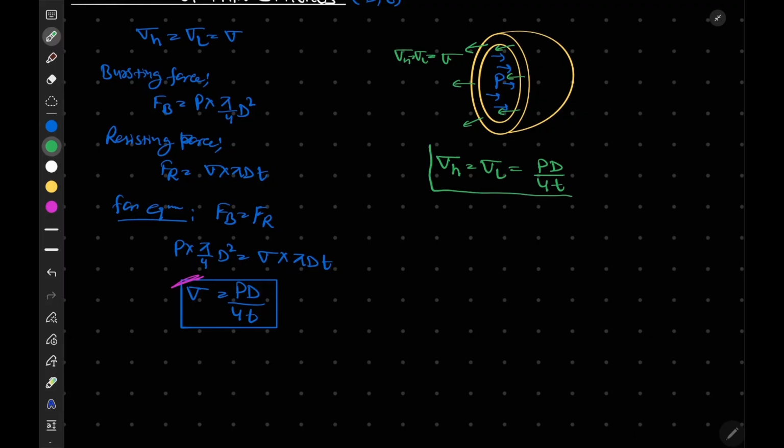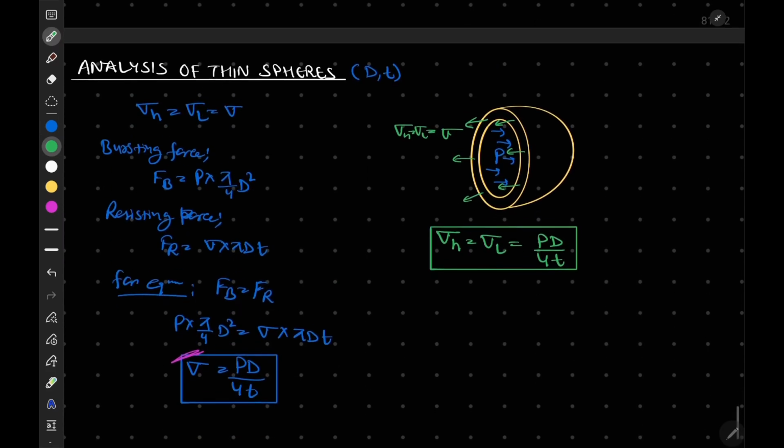From here we can also say that the maximum stress in spherical vessels is half of the maximum stress in cylindrical vessels, because there your sigma l value was PD by 2t, and here it is PD by 4t, so it is half of the value.